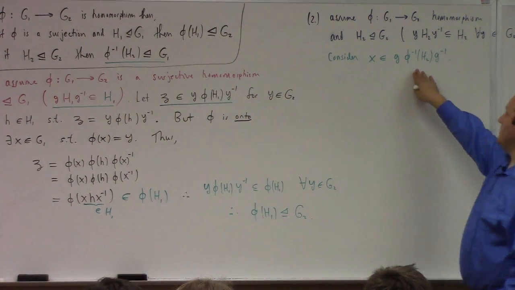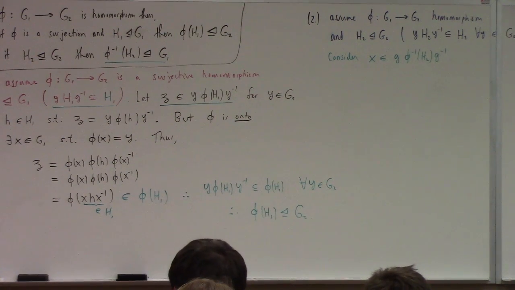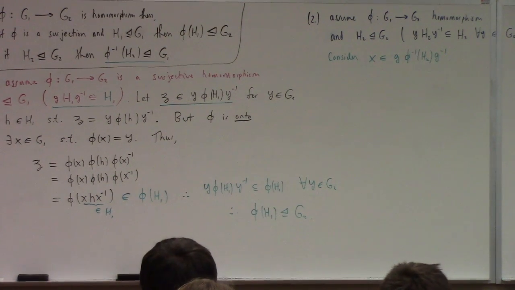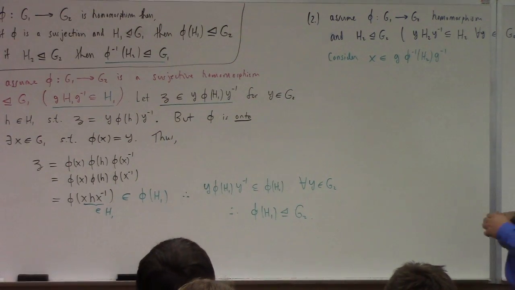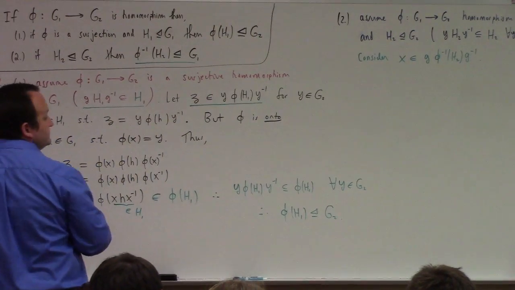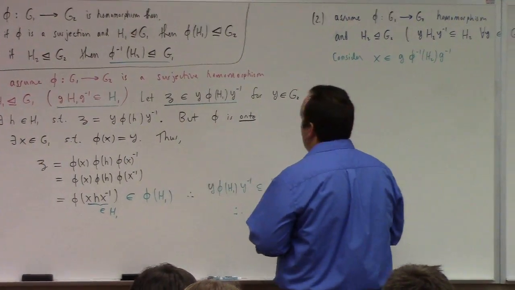My goal is to show, in fact, that x is an element of the inverse image of H2. If I can show that, then that shows normality of the inverse image, like what I want. All right, so what now? What does it take to show that?